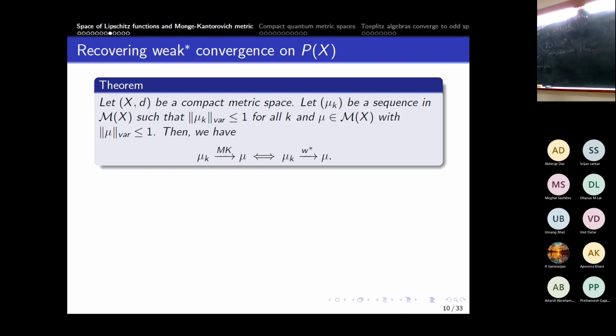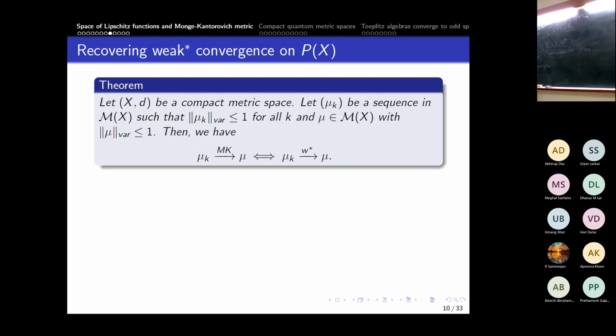Sorry? If Y is infinite dimensional but separable, the unit ball of Y star is metrizable with respect to the weak star topology. Not always. It's only weak star compact. So Y is separable, infinite dimensional, then in general it will not be.